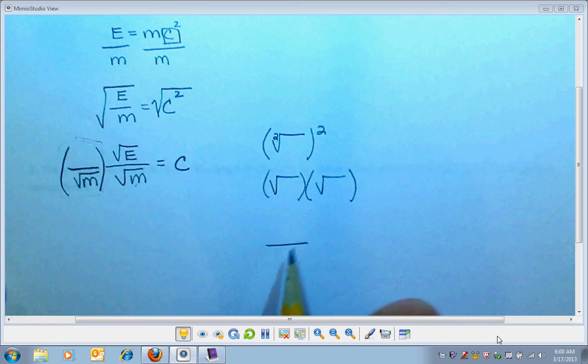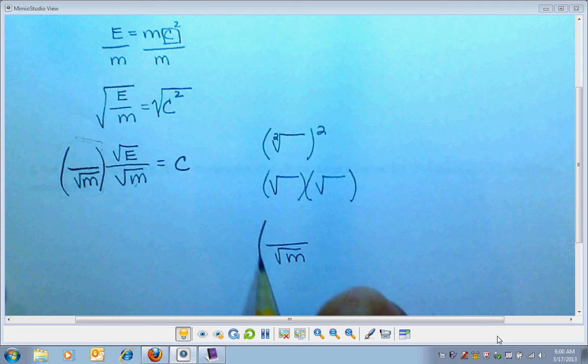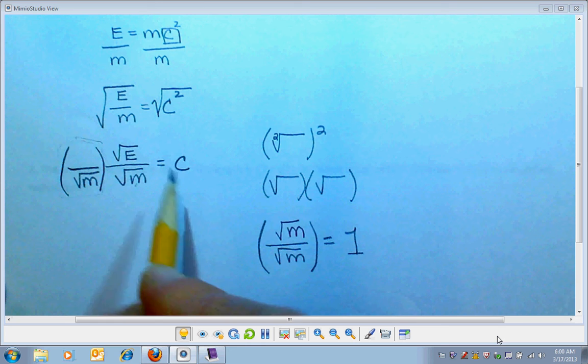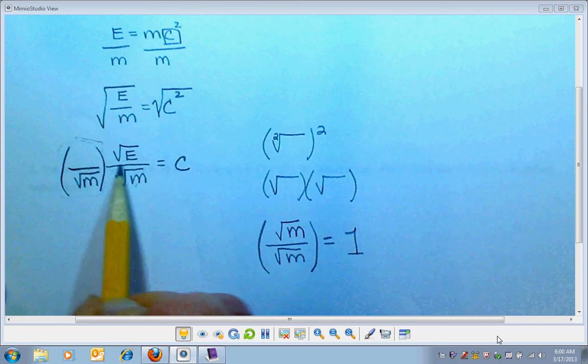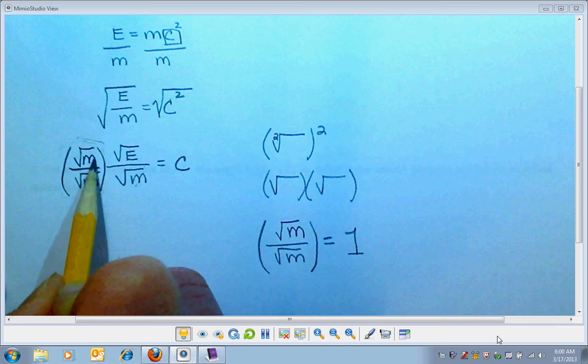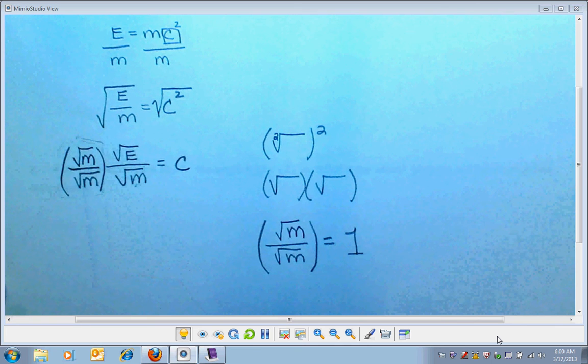I have a square root of m in the bottom, and that all has to equal 1, which means the same number has to be in the top. That way I'm not changing the value of the square root of E divided by the square root of m. So whatever I put in the bottom, I have to put in the top.